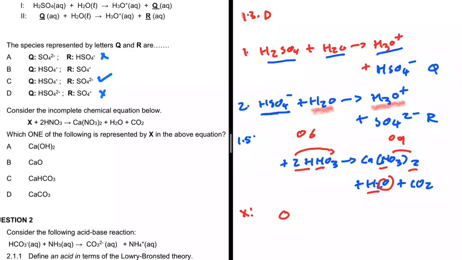When we move to the right hand side, we have calcium, and on the left hand side we have no calcium. So we know that we at least need Ca as part of X. We don't know how it will look, but we know that we need calcium on the left. So that is Ca.